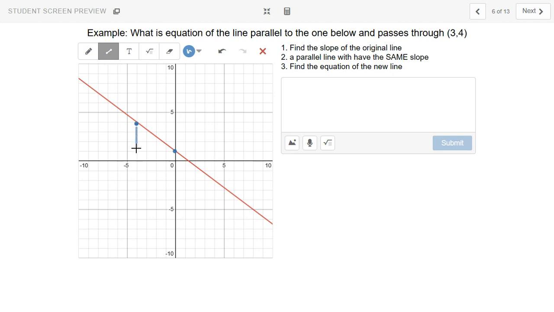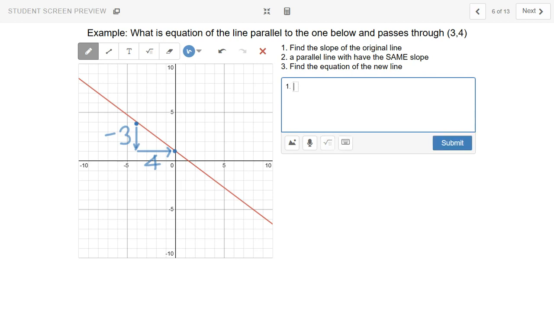I'm going down by 3 units and then I'm going to the right by 4 units. We have a slope of -3/4. So m of the original is equal to -3/4.